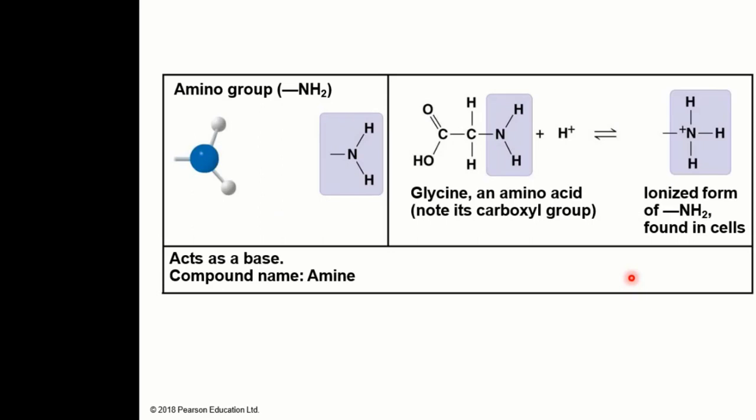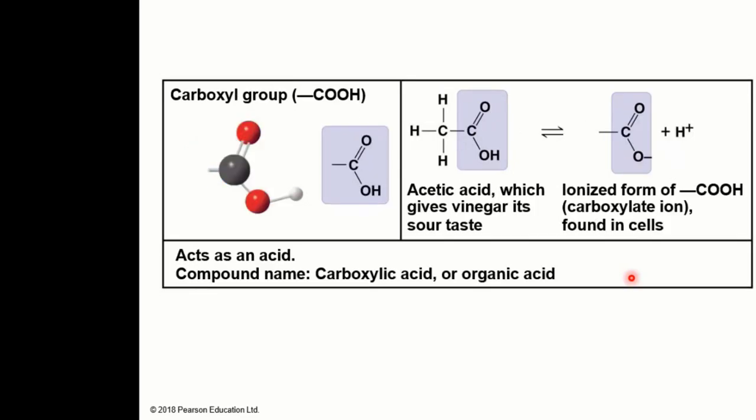The other one is the amino group, NH2, an example of which is glycine, an amino acid. It is found in cells in an ionized form, and it acts as a base. You remember the one we just came across, the carboxyl group.